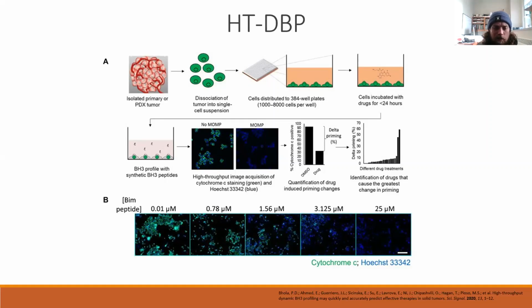But yeah, they would need to have some sort of normalization or control, as you said, because of variability. Say if they're measuring the MFI, it could make you believe that cytochrome C is being retained more when it's not really that. It's just some minor differences in fluorescence.